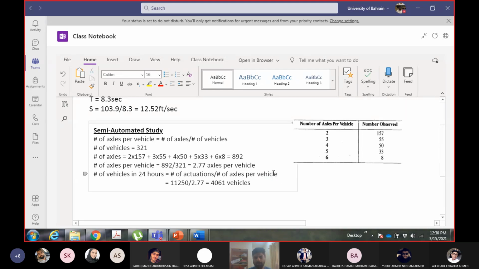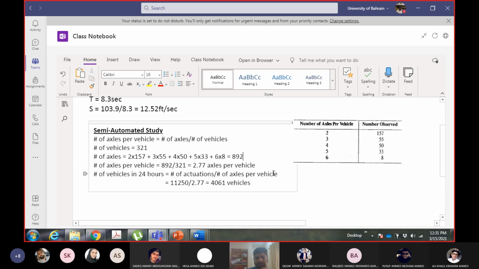In 24 hours you observed 11,250 axes, and each vehicle on average has 2.77 axes. So you divide them, you get 4,061 vehicles. So in 24 hours, 4,061 vehicles have crossed the pneumatic road tube.